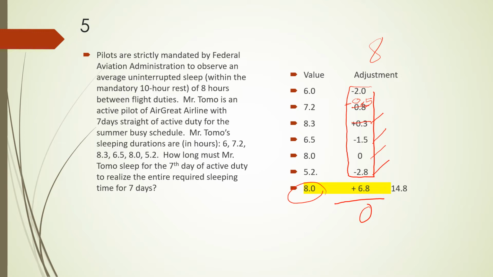We add them up. Negative 2.5 plus negative 1.5 plus negative 2.8 is 6.8. So 8 plus 6.8, our final answer in here will be equal to 14.8 hours.